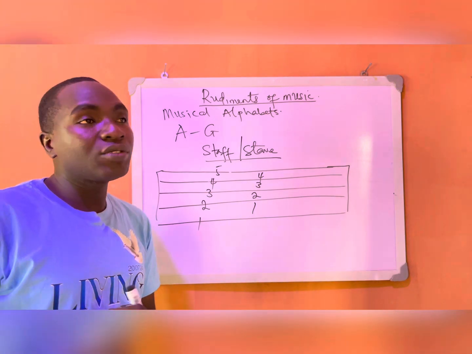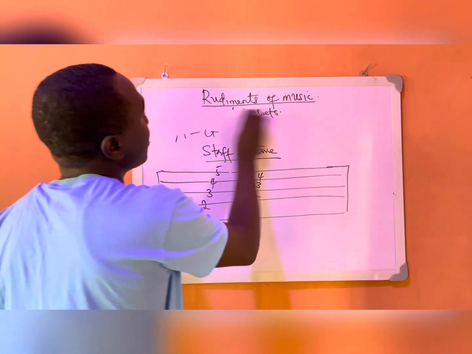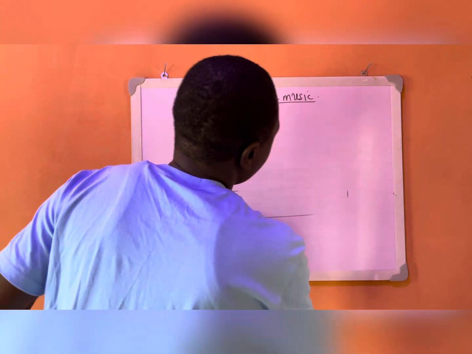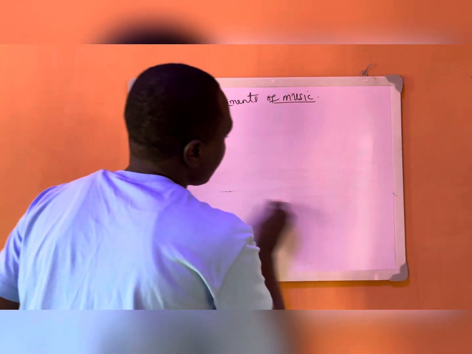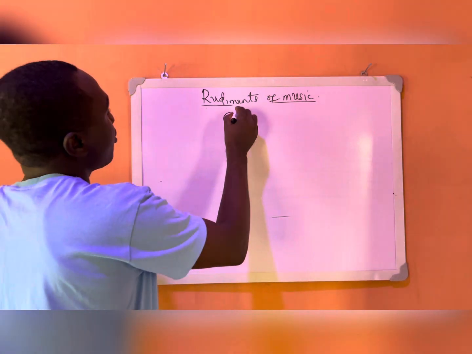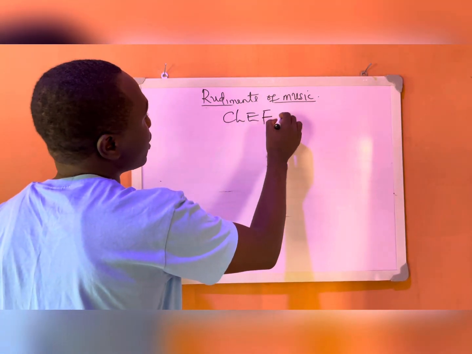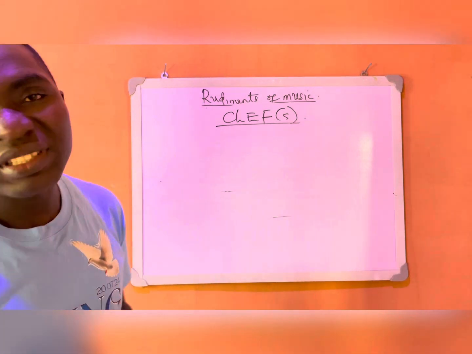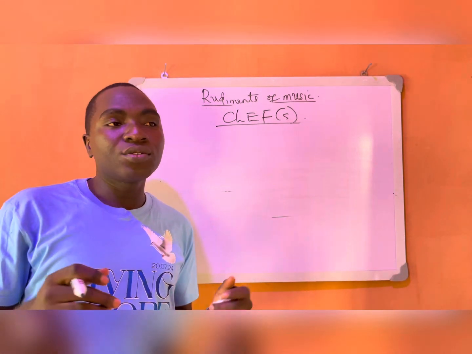Then we're going to look at what we know as the clef, or clefs. A clef is an Italian word that means key. So what is the meaning of a clef?